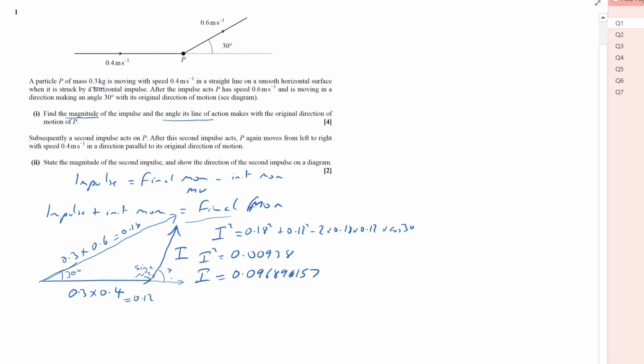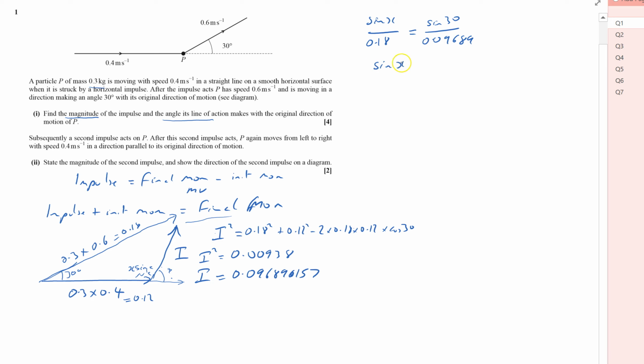Okay, so let's just do that. I'll do it up here. Let's call it x. I've got sine x over 0.18 equals sine of 30 over what I've just worked out, 0.09689 and so on.